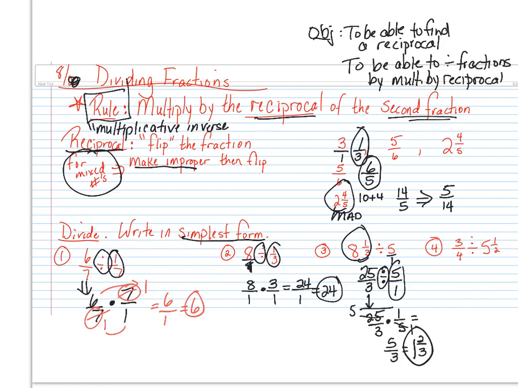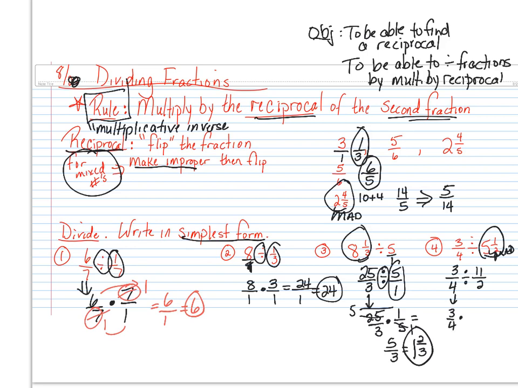Look at number 4. It's the same type of problem. Okay, it's division, but we got a mixed number in here. So we're going to write 3/4 divided by, do not forget that step, get MAD. Okay, 2 times 5 is 10, plus 1 is 11 over 2. Okay, now we're going to multiply by the reciprocal. Bring that one down, 3/4.